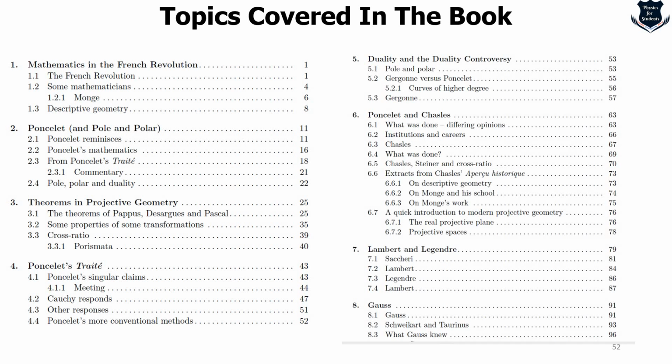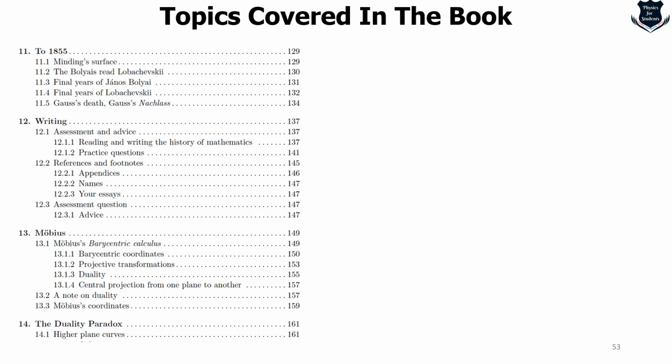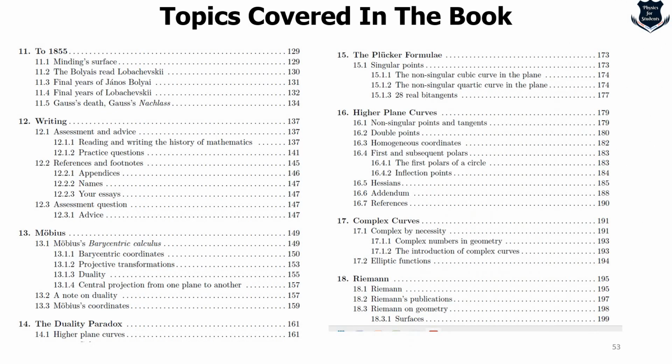We come now to the topics briefly covered in this book. Here are the topics which you can actually pause and look into. I won't utter each and every one. It starts with mathematics in the French Revolution, theorems in projective geometry, Lambert and Legendre, and then it goes into Gauss. Further, it covers areas like writing; this part, pages 137 to 147, is related to how to write the history of mathematics.